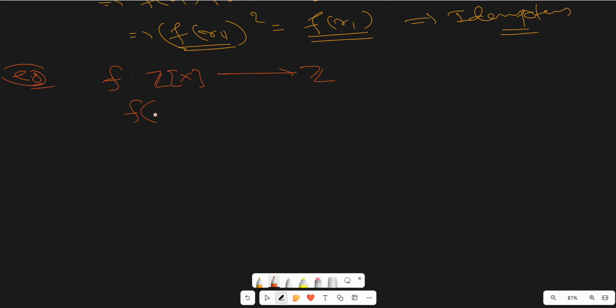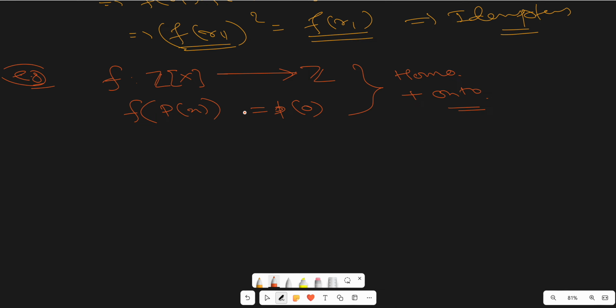This is an evaluation map: f of any polynomial p(x) is p(0), evaluated at 0. Can you show this map f is a homomorphism, and onto?